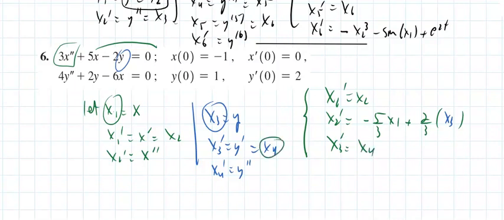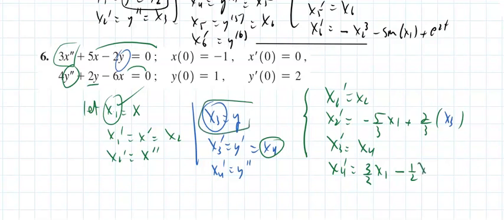And the last deal, when I get to x sub 4 prime, which is y double prime, if I move that to the right, that's going to be positive 6 over 4, 3/2 x, x was x sub 1, minus 2y over 4, that's 1/2 y, and we let y equal x sub 3. And that's the system we're talking about.